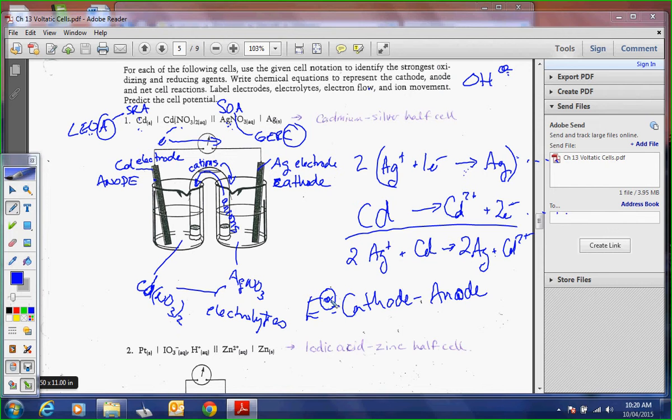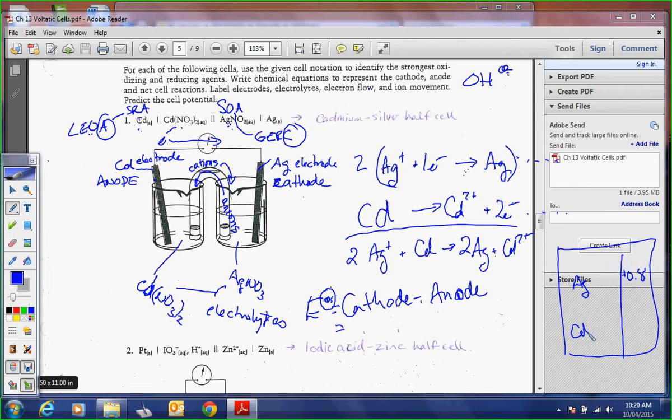Okay. So cathode minus anode. So I'm looking up my silver and my cadmium, and I see the silver at the top. So if this is my data booklet here, I found my silver. It's at positive 0.8, and I found my cadmium.